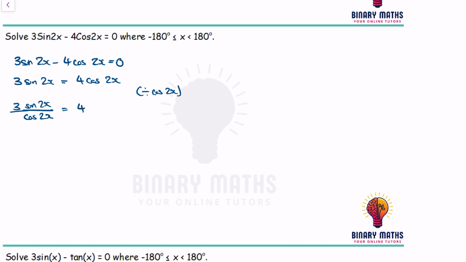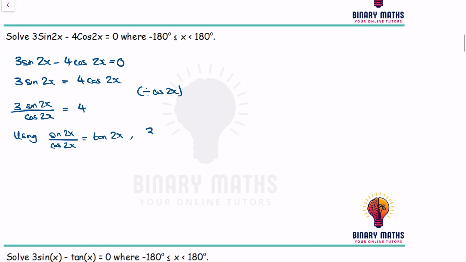Now I know sine 2x over cos 2x is equal to tan 2x. Remember, we have to change the input consistently. Then I get 3 tan 2x is equal to 4. Now I need to divide by 3, so I get tan 2x is equal to 4 over 3.